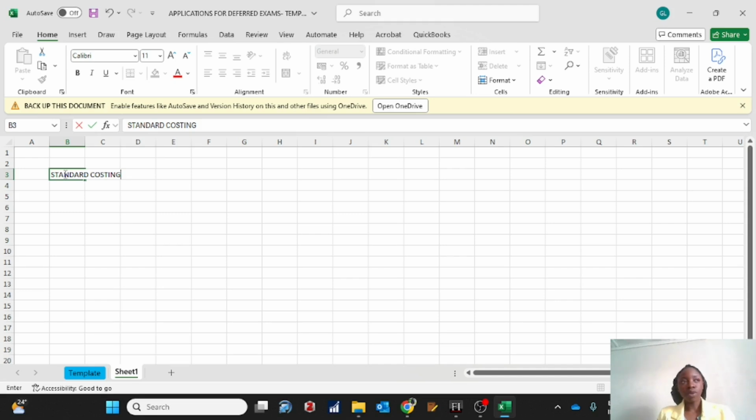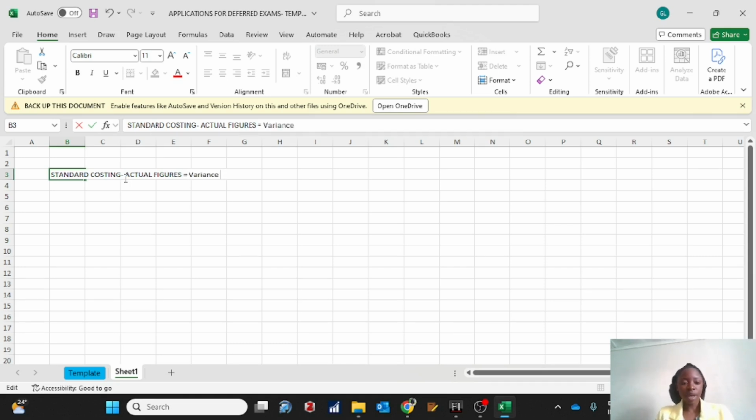You have to compare budgeted figures and actual figures. The difference between actual figures and budgeted figures is what is known as a variance.